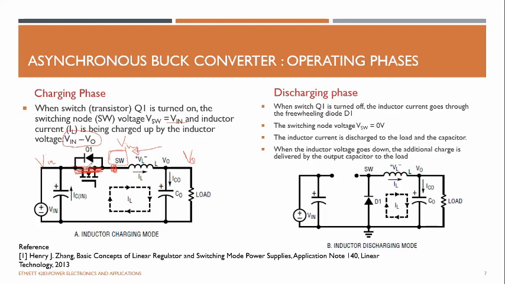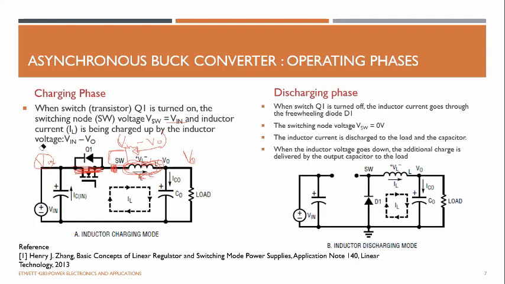This is short circuiting, V in comes to here, and this is V out. So you have V in minus V out voltage across the inductor. That is all about the charging phase. The inductor creates its flux lines like this. We keep the inductor charging and creating its flux lines.